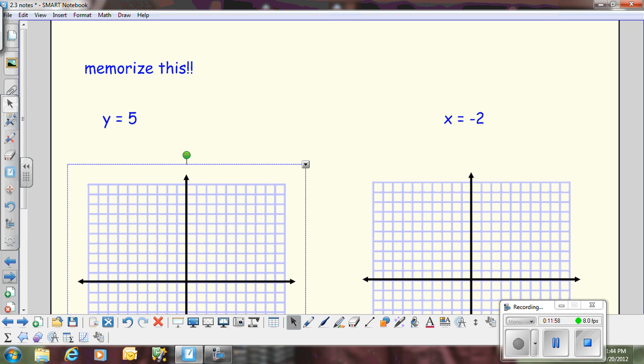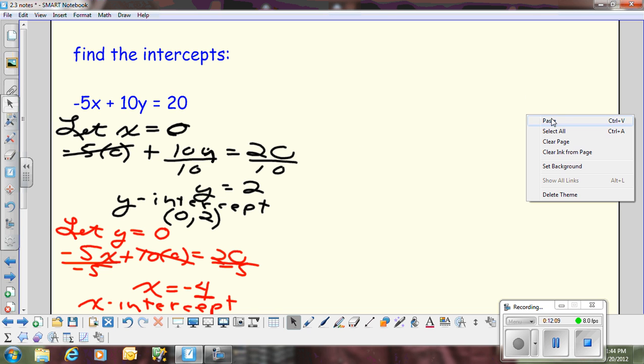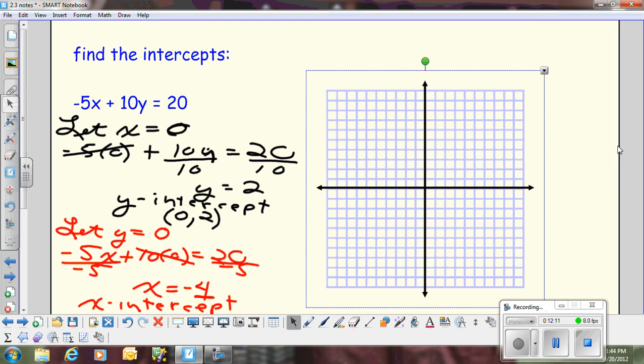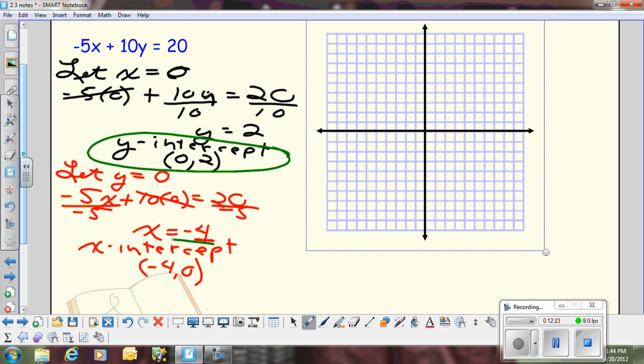Now, when I'm going to graph this equation, and somehow I lost my grid, let me get one real quick. There we go. Okay, I have 2 points. The y-intercept is 0, 2, and the x-intercept is negative 4, 0. I can plot those 2 points.